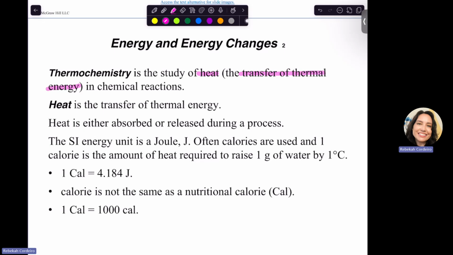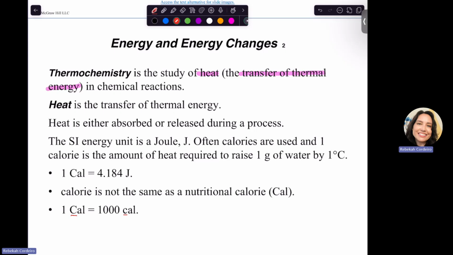If you were thinking about, oh, I'm ingesting this food, it has this many calories in it, that's actually the amount of heat that food will give off when it breaks down in your body. So keep in mind, this is really important, the nutritional calorie is big C calorie, and a regular calorie is little c calorie.